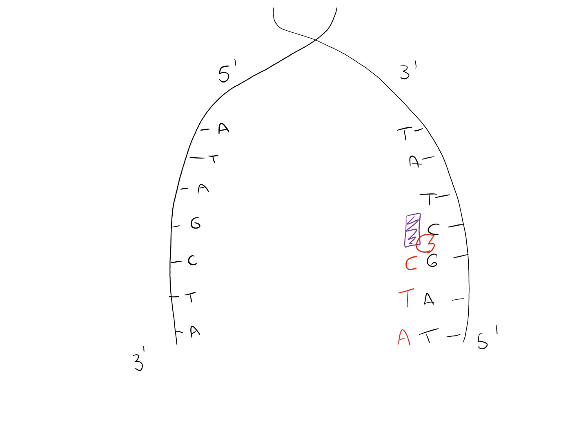And that leaves us with a little bit of an issue because we're adding nucleotides in this direction, but we still have this little section that we still need to replicate. So in order to do that, we need to add another primer. So the primer is going to come along, DNA polymerase is going to be able to add DNA nucleotides to the 3' end of the new strand that is forming, and it is going to replicate that little section.